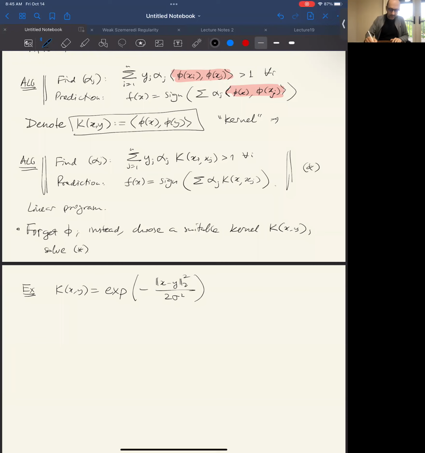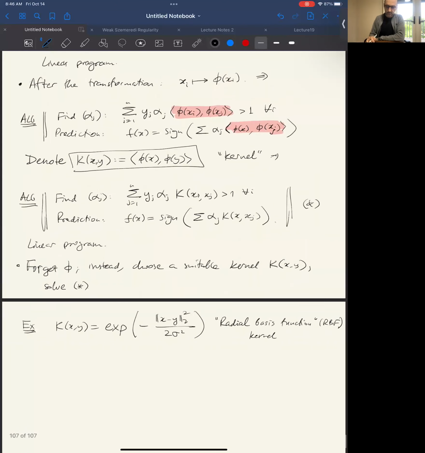This is the concrete example, and that's called the radial basis function, or RBF, kernel. So choose this very specific kernel, solve the problem above, and don't even think about phi anymore.